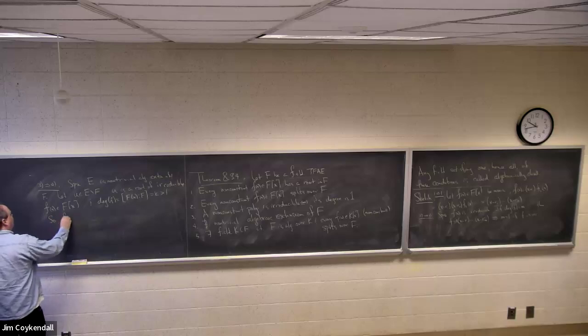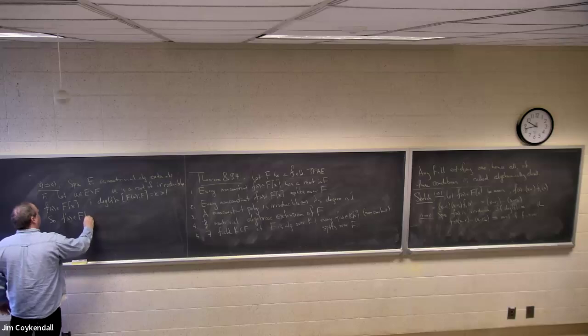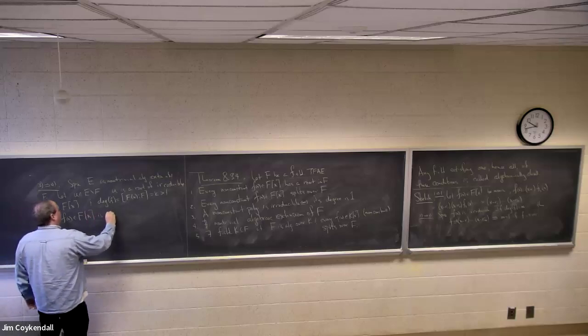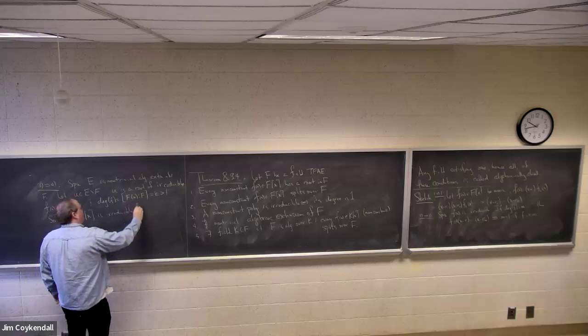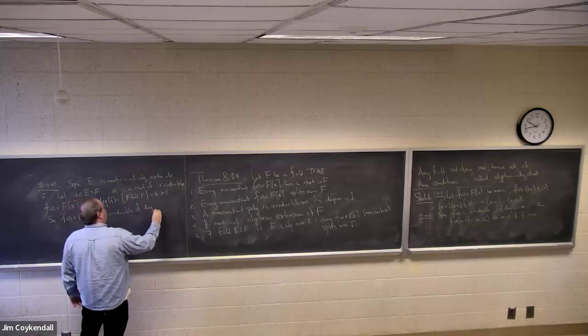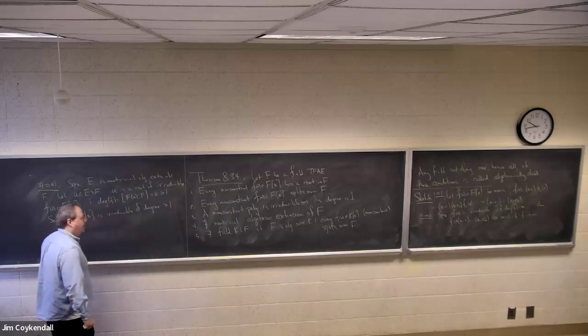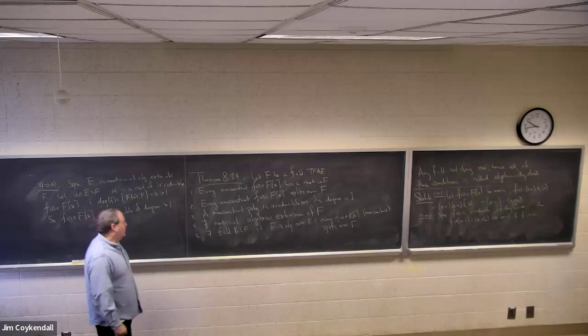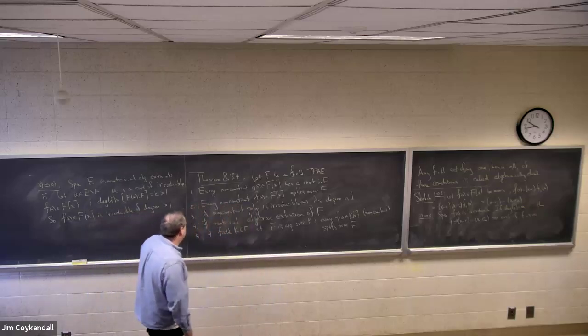So there we go, f of x in F of x is irreducible of degree greater than 1. So we've successfully shown that not this means not this.